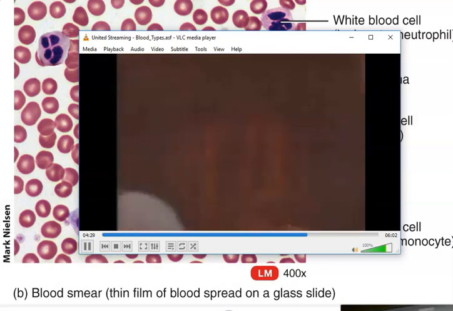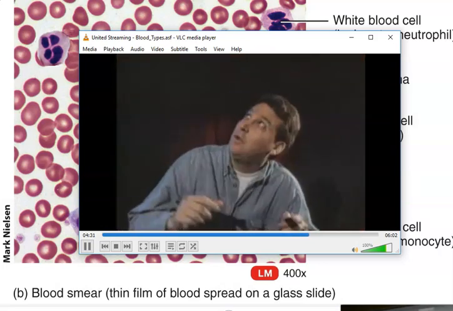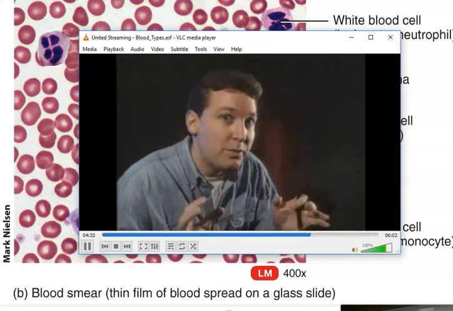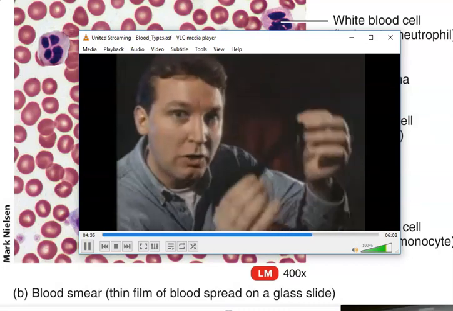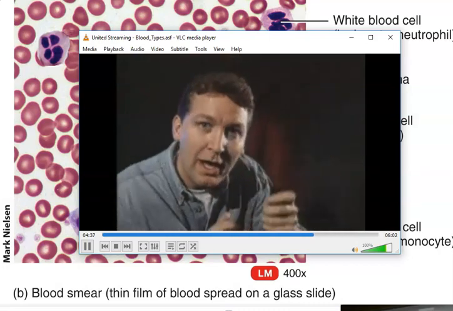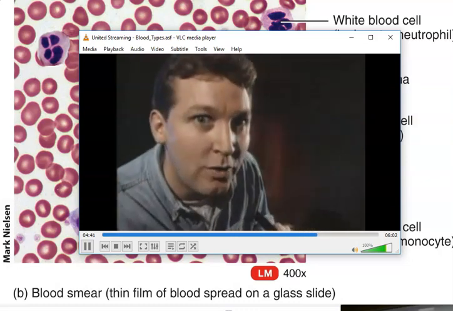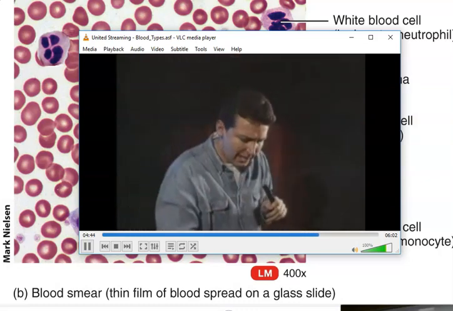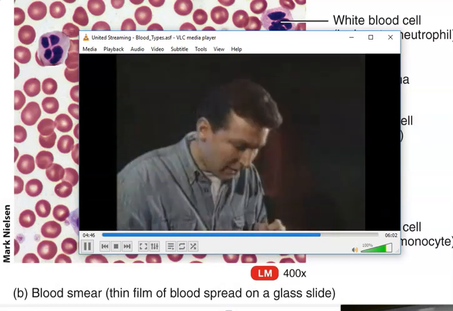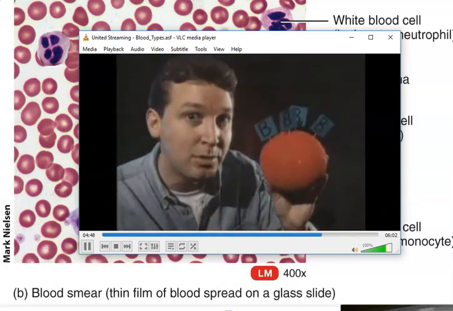So what's happening? Well, floating around in the plasma of everyone's blood are structures called antibodies. Now, the job of the antibody is to patrol your blood, looking for foreign invaders. So suppose I have type A blood, but I get injected with type B blood.